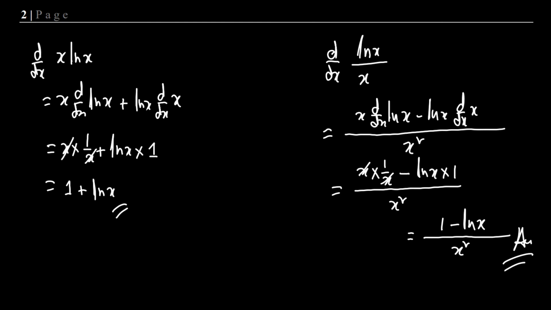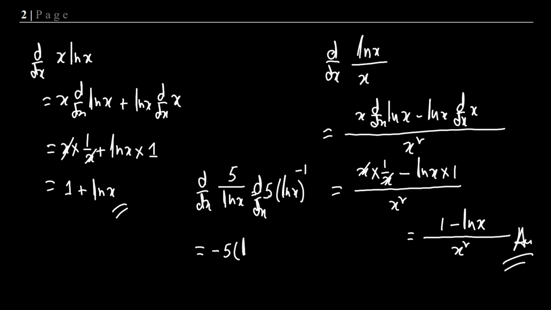Similarly, if it is written there, say 5 by ln x, how to differentiate this? d/dx of, we can write the expression like 5 ln x to the power minus 1. Now if we differentiate this, as a power we needed to differentiate the power, which is minus 5, and ln x we can write here power minus 1, which gives us minus 2.